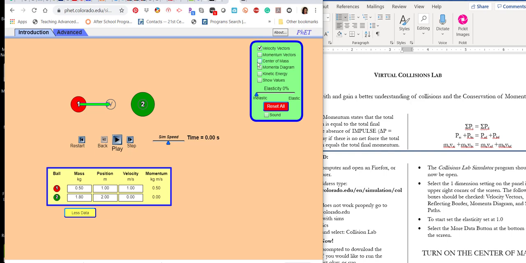I want to turn on for you guys this thing called center of mass. Let me change some things here. I'm going to give them the same mass. The center of mass here is this yellow X. You guys did some work on the center of mass, but it's essentially not just the center of the objects, but where I could put my finger to have equal mass on either side.